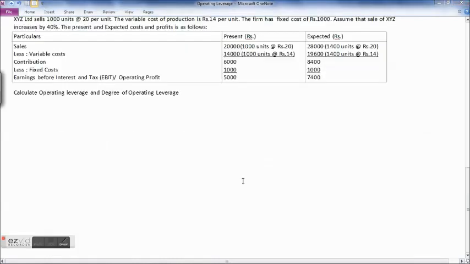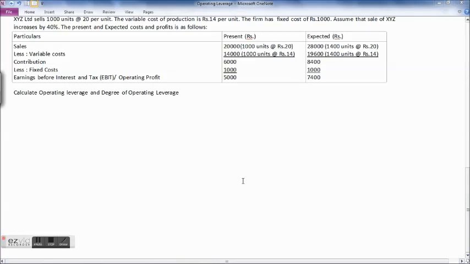Now this is an example. XYZ Limited sells 1000 units at 20 per unit. The variable cost of production is rupees 14 per unit. The firm has a fixed cost of rupees 1000. Assume that the sales of XYZ increase by 40%. The present and the expected cost and profit is shown as follows.